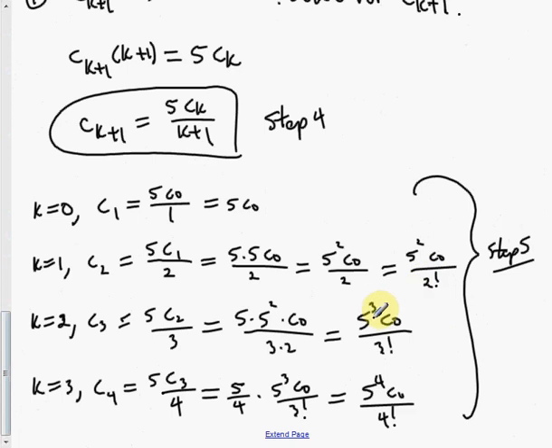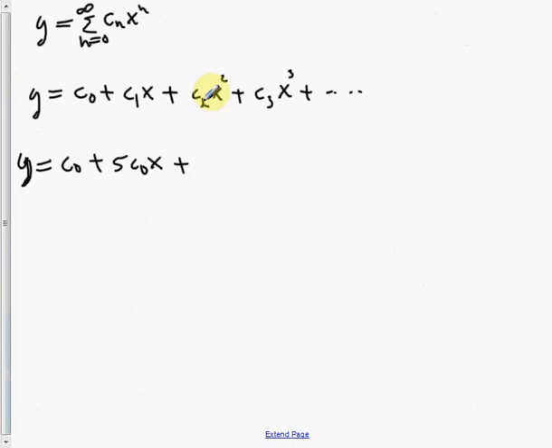We see the pattern really, right? 5 to the third times c naught divided by 3 factorial. So we see that pattern. So we're going to replace all the c's with what they are based on that c naught. So this is 5 squared times c naught times x squared all over 2 factorial. Put one more here, plus 5 to the third times c naught times x to the third all over 3 factorial, plus, and so on, plus here's the pattern.